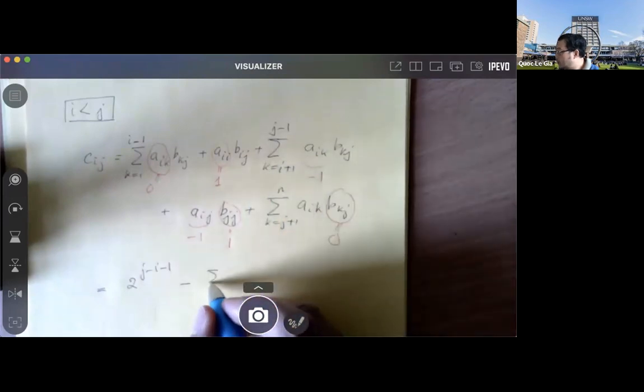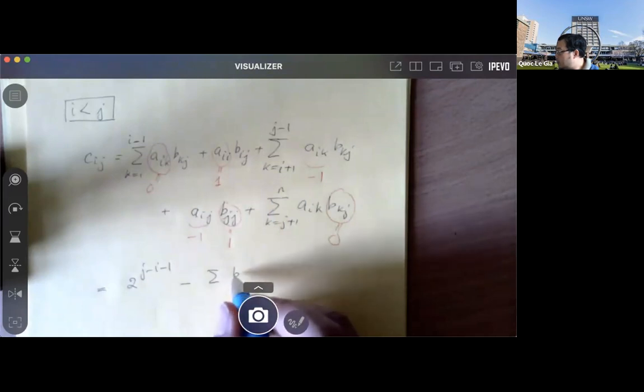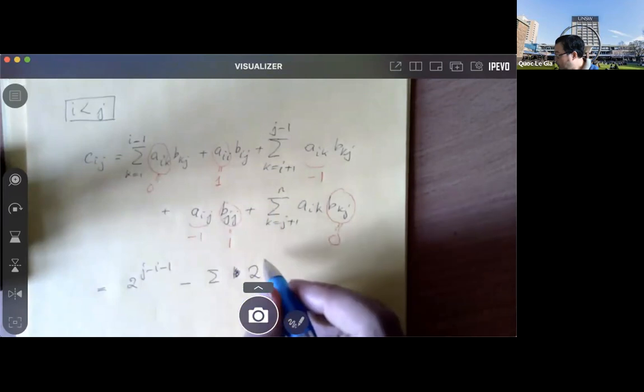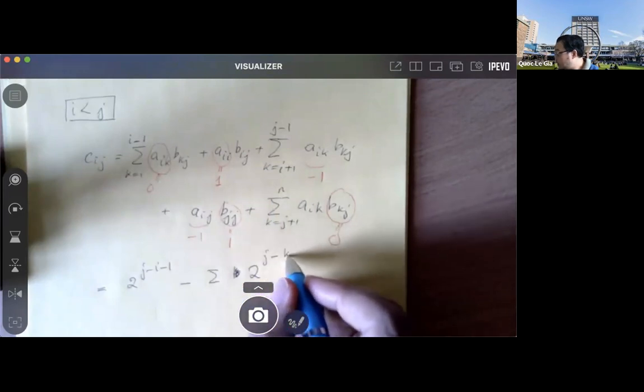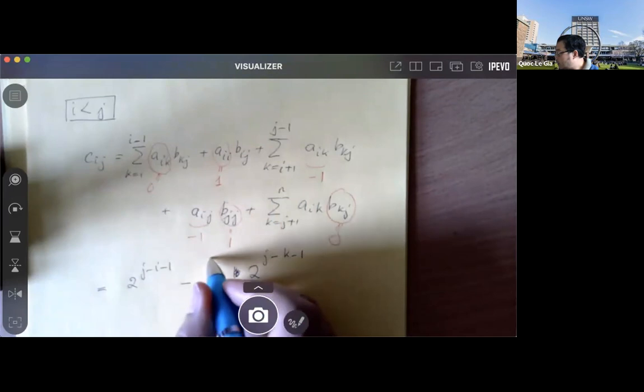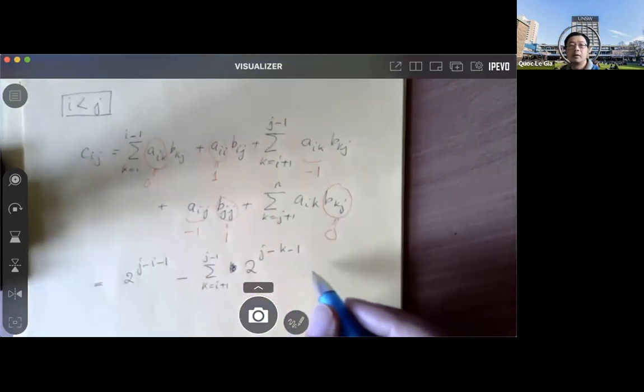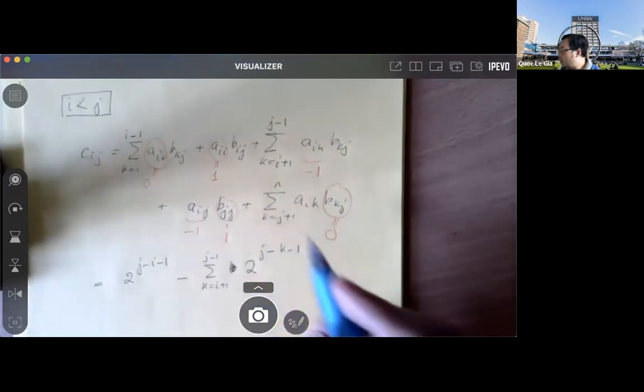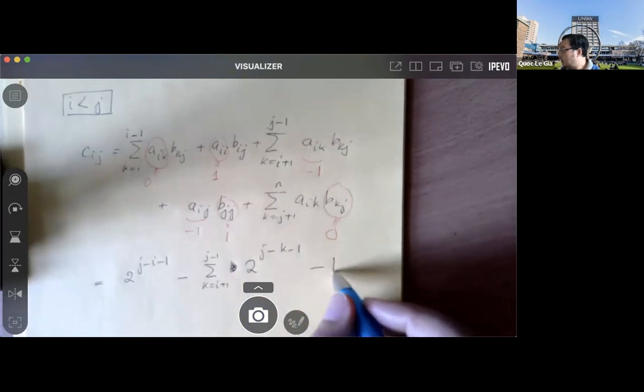So you got b_kj, and now I replace it by 2 to the j minus k minus 1, sum over k equals i plus 1 to j minus 1. And then this one is just minus 1.